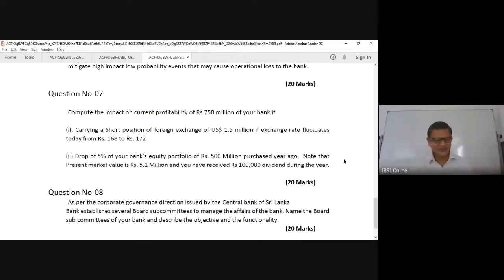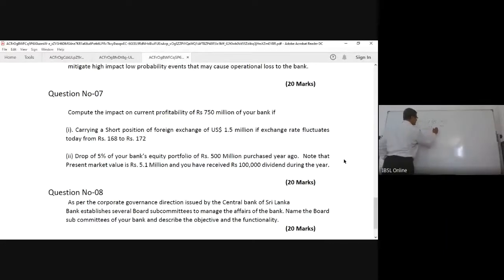So what we need to do is a calculation to arrive at our short position. We indicate 1.5 million USD, and I put this amount in brackets because it is short. The current exchange rate is 168, in rupees.